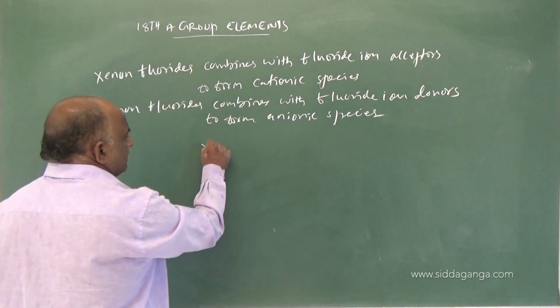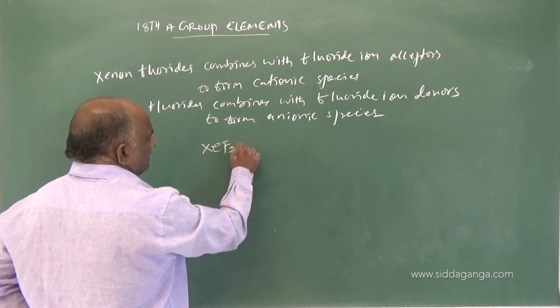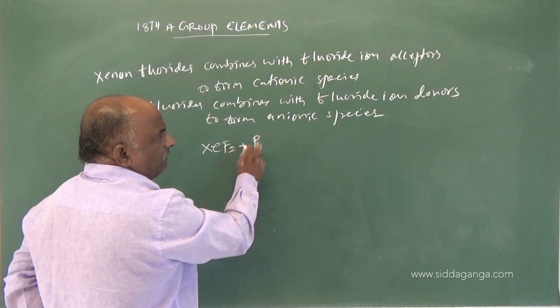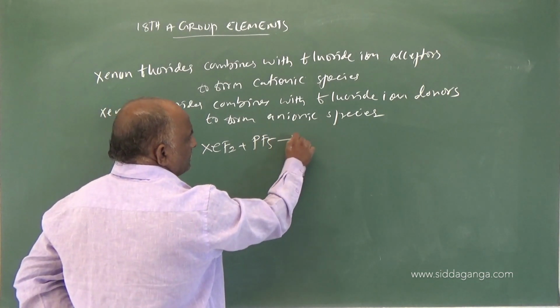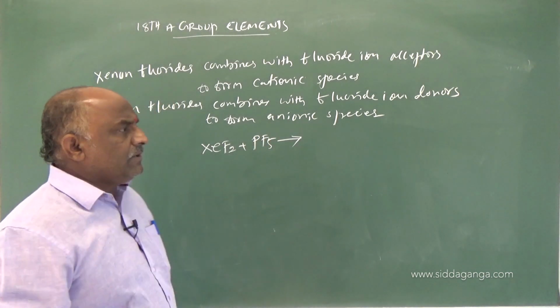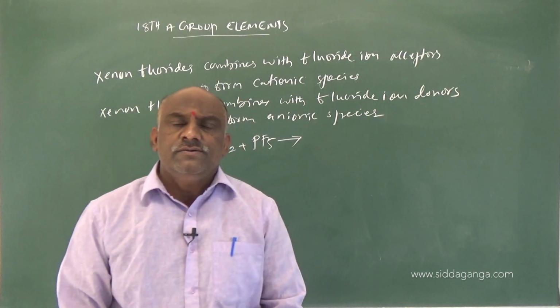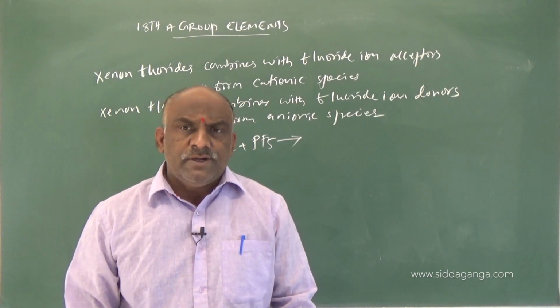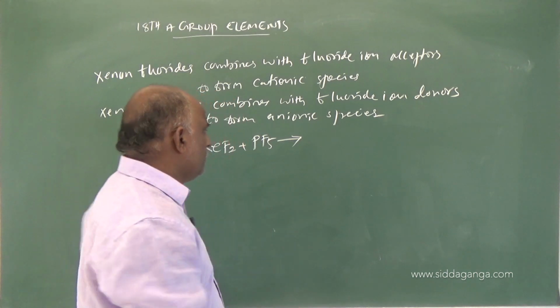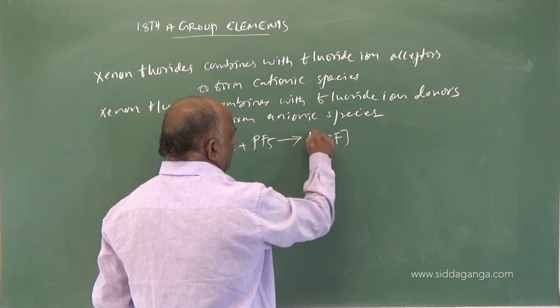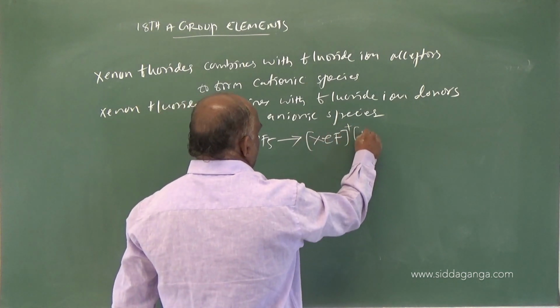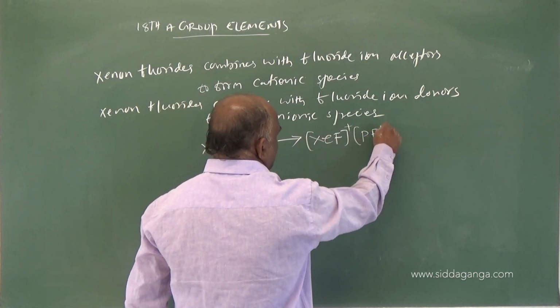You should take XeF2 plus PF5, phosphorus pentafluoride. What you will get is XeF plus and PF6 minus.